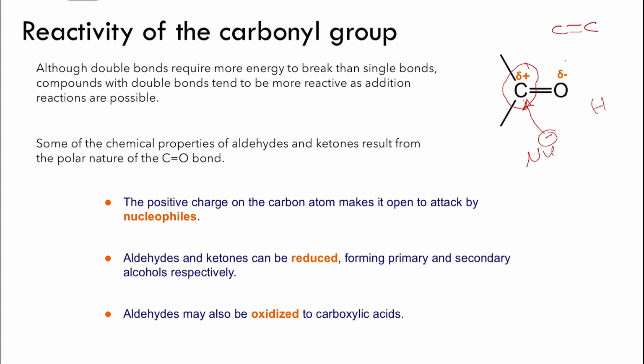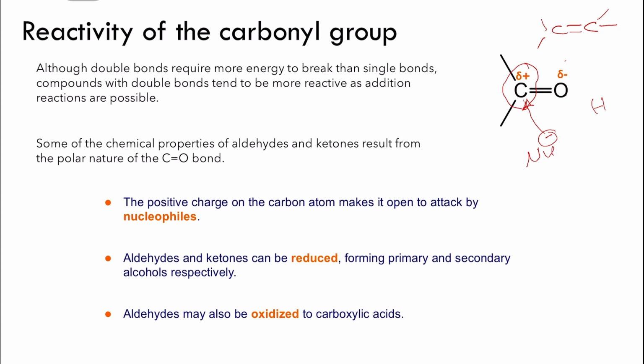This is different from the alkene. If we remember that for alkenes, we had the C double bond C, and we said it's not a polar bond because the two carbons have the same electronegativity. There is no partial positive or negative charge.